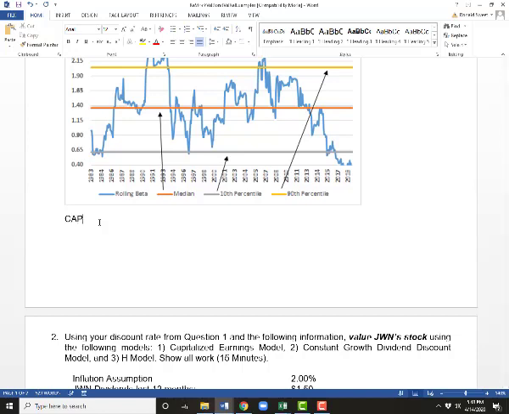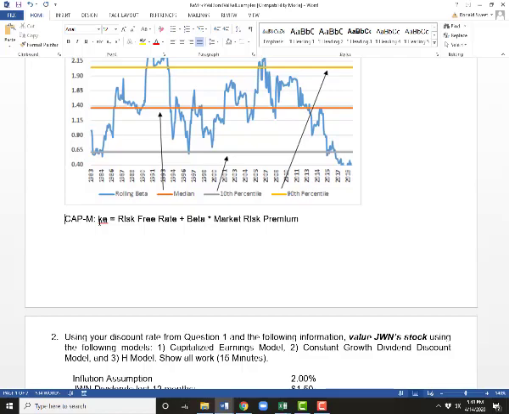So remember, using CAPM, the discount rate for a stock, we call it KE, is the risk-free rate plus beta times the market risk premium. So let's look through that.